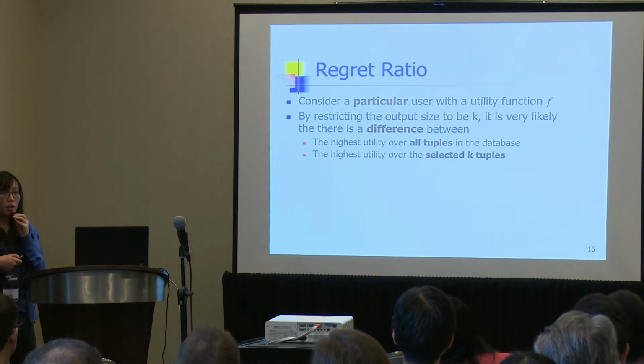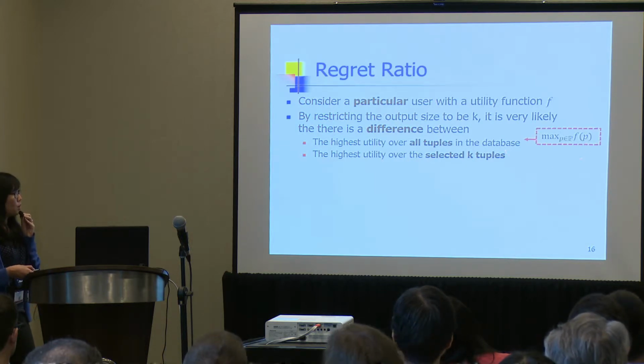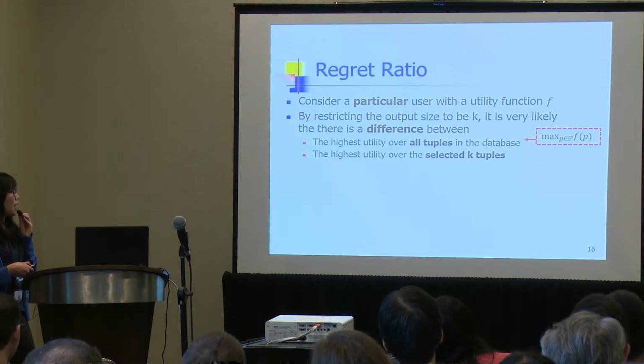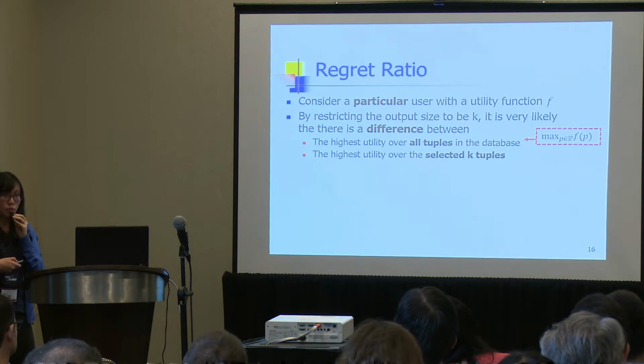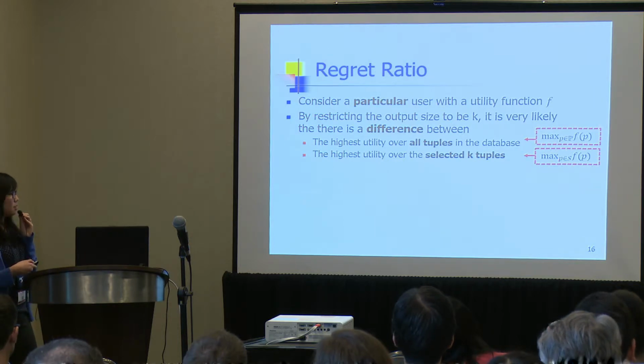It is a kind of global maximum utility, and we denote it using the following notation. The capital P is just the whole database. Similarly, the highest utility over the selected k tuples is a kind of local maximum utility. And we describe it using the following notation, where S is our selection set, which just consists of k tuples.